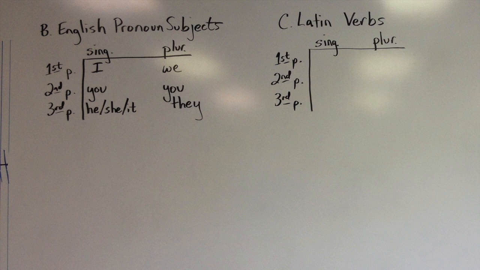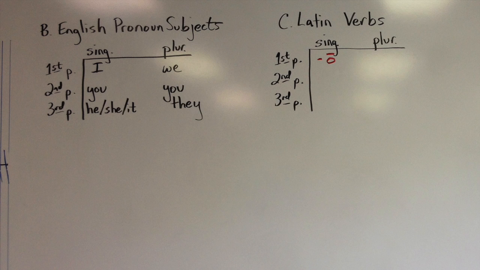The first thing that we're going to say is that first person singular Latin verbs for the present tense this chapter will always end in the letter O. So what that means is, anytime we see the letter O on a Latin verb, the subject would be I, the first person singular subject. Likewise, if the subject is I, then the ending on the Latin verb has to be the letter O.